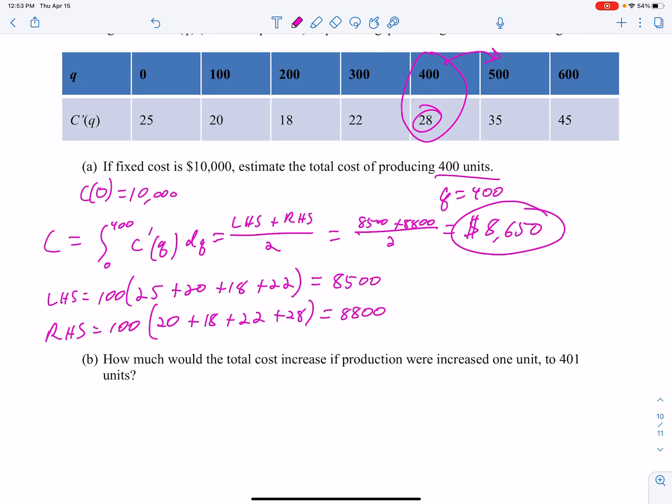So in other words, the marginal cost at 401 is $28.